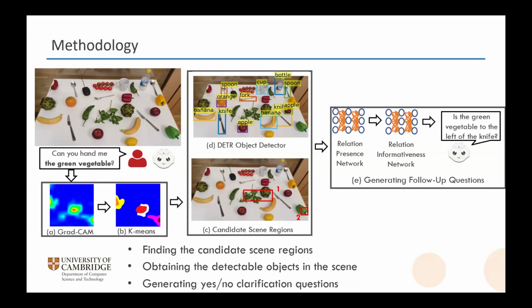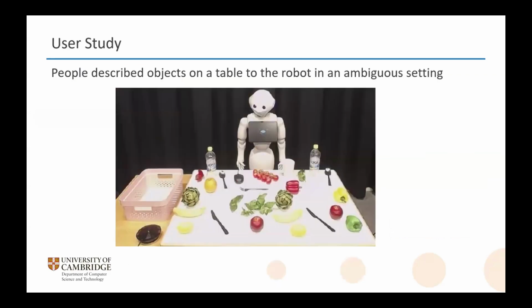And by using the spatial relations between the candidate objects and the detected objects, the robot generated follow-up clarifications. For instance, for the first candidate one, it asked, is the green vegetable to the left of the banana? And if the user says yes, it is, then we know which region to look at in order to identify the described object. This was the very brief summary of our methodology.